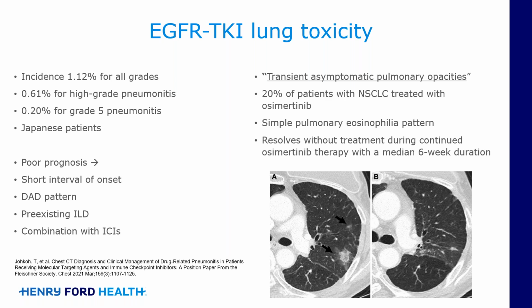What was really interesting to see is that 20% of patients with non-small cell lung cancer on osimertinib, the 3rd generation EGFR TKI, had this pattern, the transient asymptomatic pulmonary opacities pattern. It was described as a simple pulmonary eosinophilia pattern. So basically either unilateral or bilateral ground glass or consolidated opacities that can be migratory and transient.